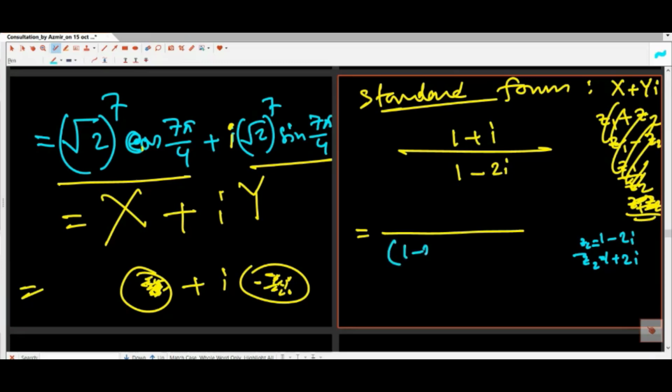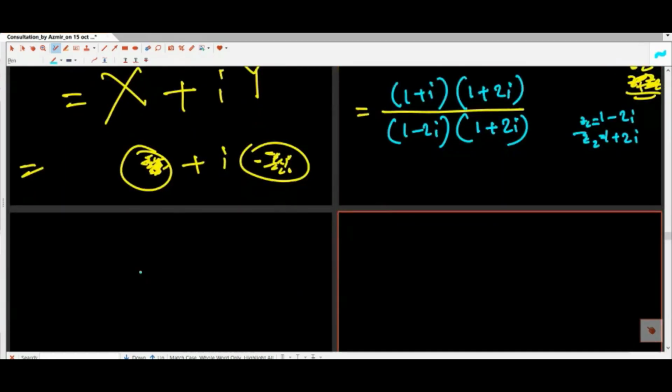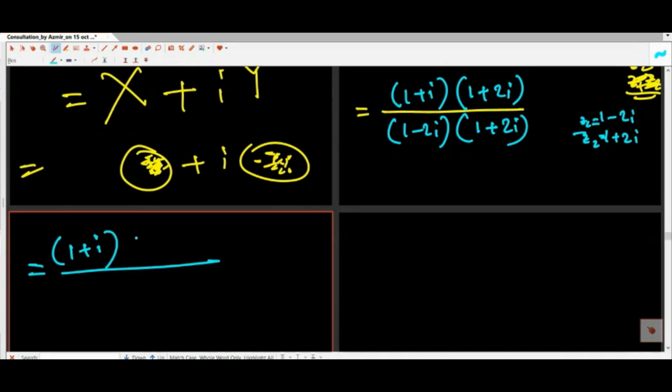So we have 1 negative 2i multiplied with 1 plus 2i. In the upper part, we have 1 plus i, so multiply with 1 plus 2i. That means now if we cancel this and this, we are getting the same previous thing. Now it's easy to calculate. So 1 plus i, 1 plus 2i, over 1 minus 2i, 1 plus 2i.